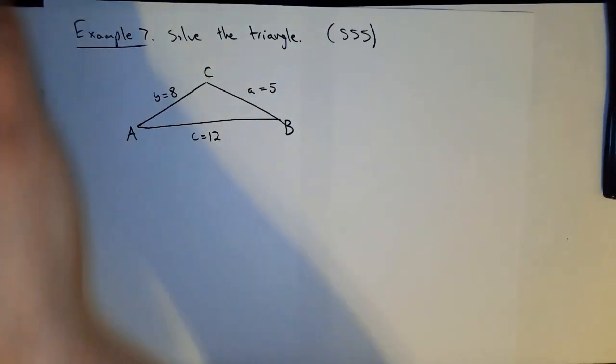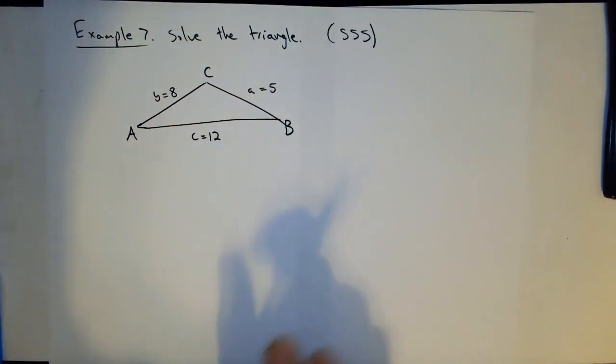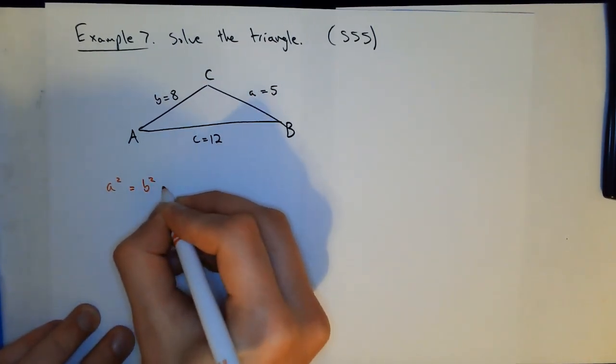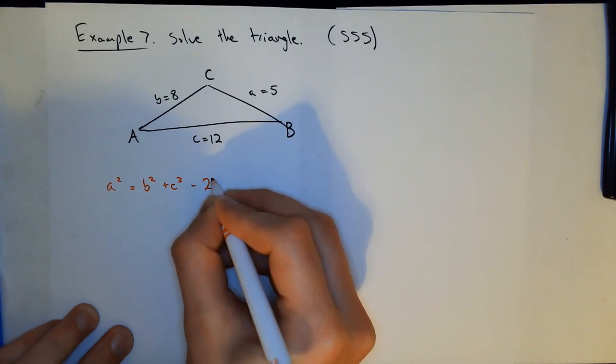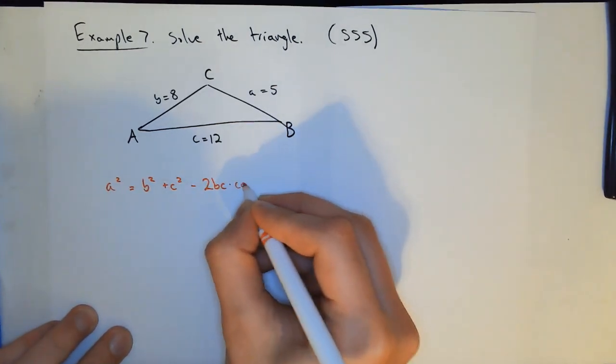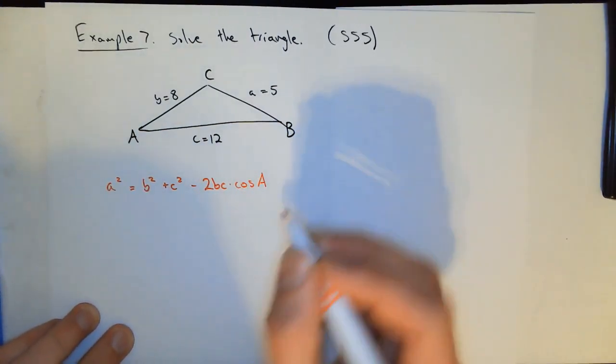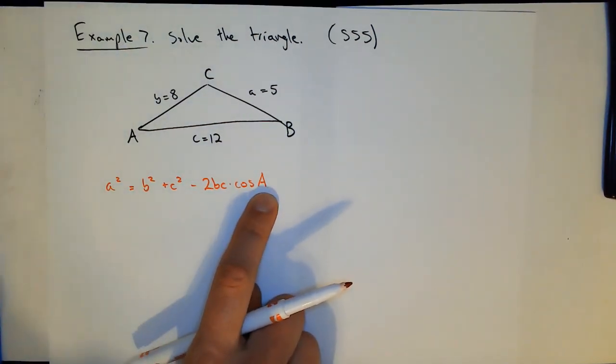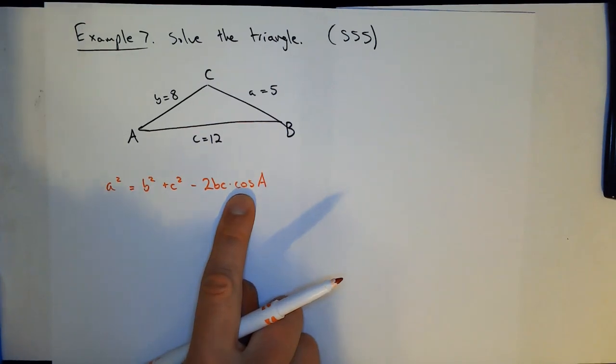Okay, so I'm going to use this formula, a squared equals b squared plus c squared minus 2bc times cosine of A. And I want to solve for that capital A, which is buried in a cosine function. So I know at the very end I will be taking a cosine inverse.